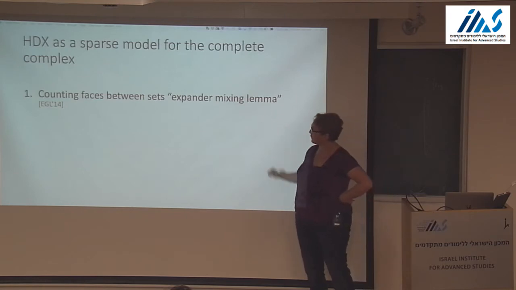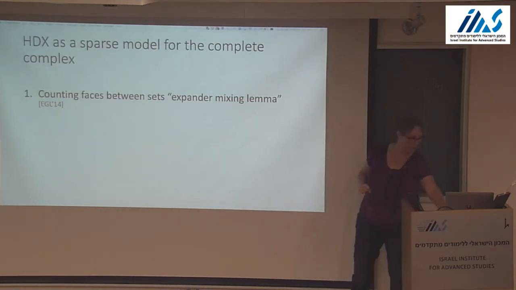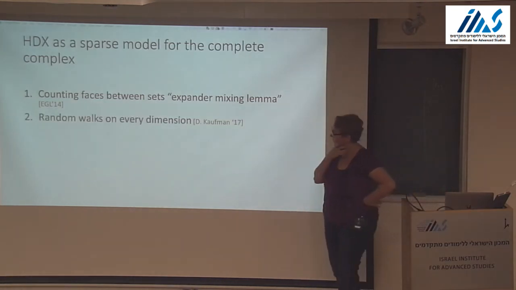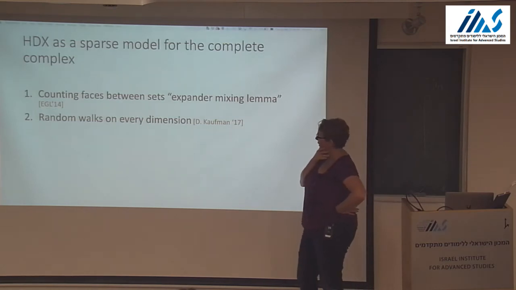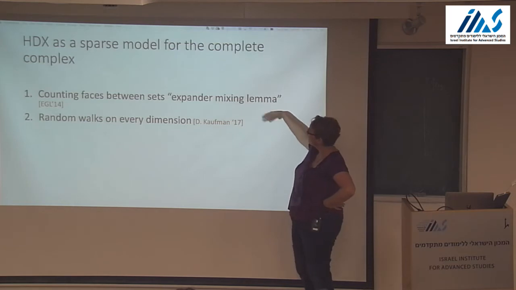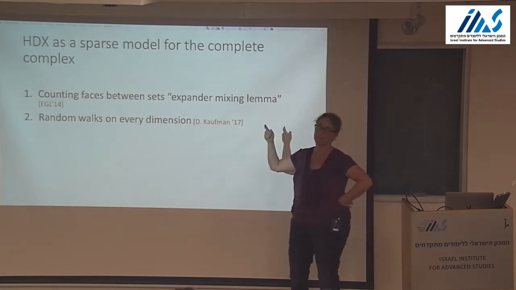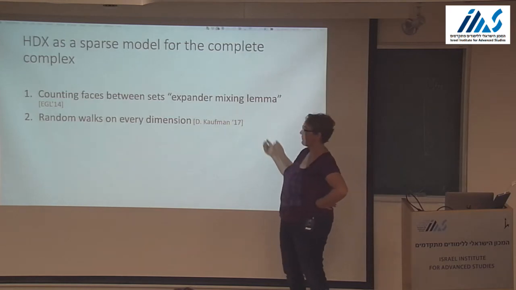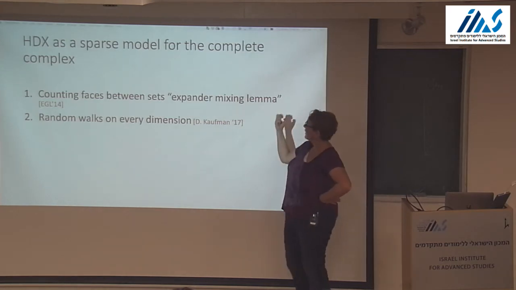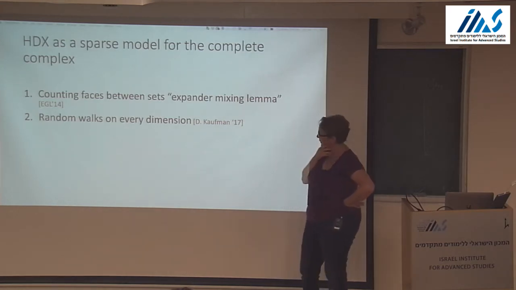So it's like an expander mixing lemma. And this was shown by Evra, Golubev, and Lubotsky. However, this actually holds also for much weaker definitions of things, like paths in an expander graph also satisfy something like this. So it doesn't yet capture the strength of what's going on here.